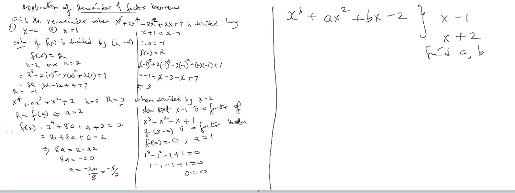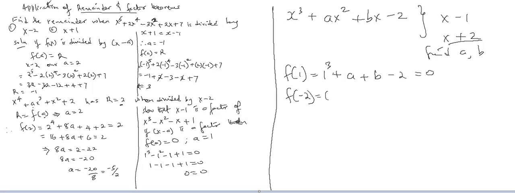In other words, if we replace x with, let's say the first one is 1, we shall get 1 cubed plus 1 squared times a plus b times 1 minus 2 should give us 0, since x minus 1 is a factor. The other one is f of negative 2, since we have x plus 2 as a factor, then a is negative 2.